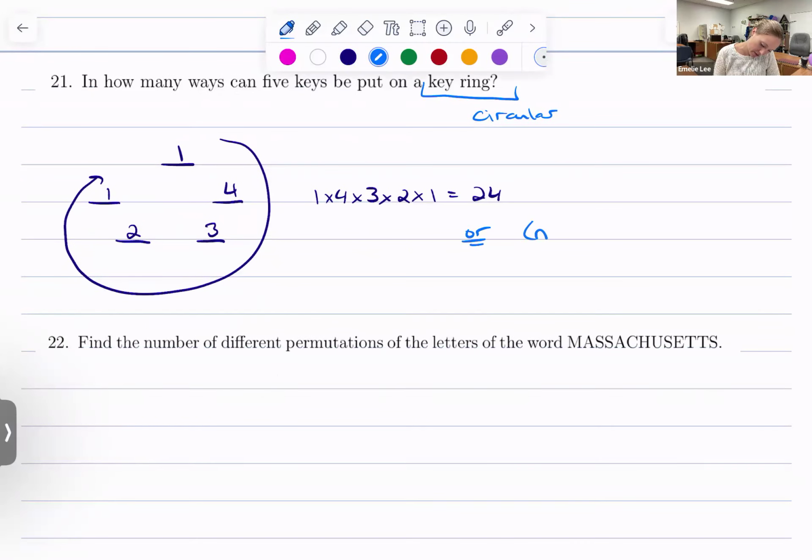Or remember that you could use n minus 1 factorial for a circular permutation. If I have 5 keys, I want 5 minus 1 factorial, which is 4 factorial, which is, using my factorial button just in case, 24, which is the same. So you've got 2 options.